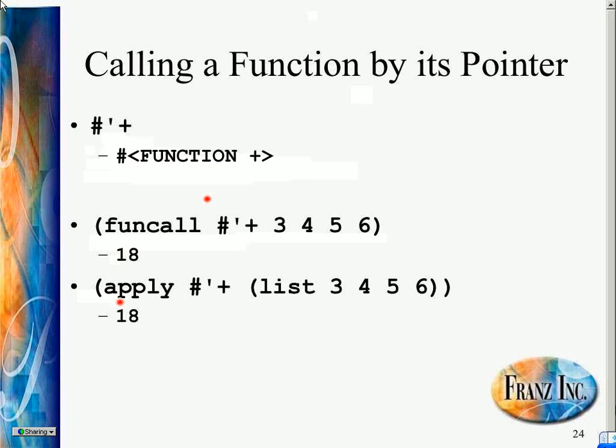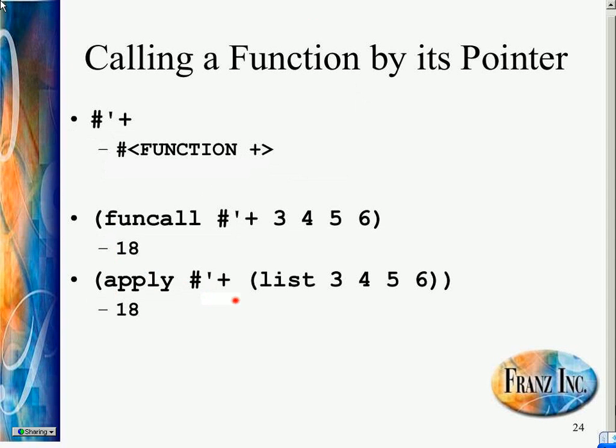And then the other method of calling a function is called apply, and it differs from funcall. The first argument's the same, a pointer to the function, but then all of the arguments are bound up in a list. So funcall takes any number of arguments, the first one being a pointer to the function and the remaining being the arguments to the function, however many there are.